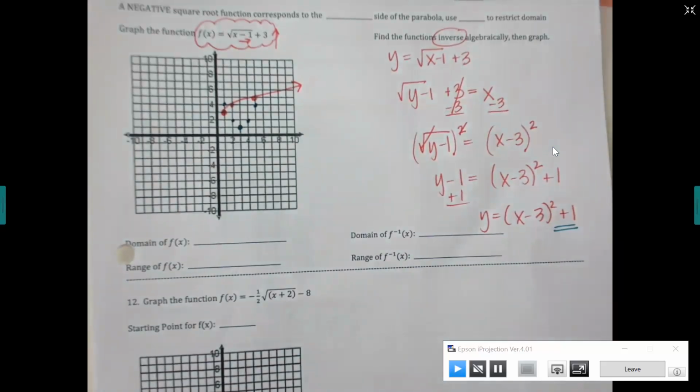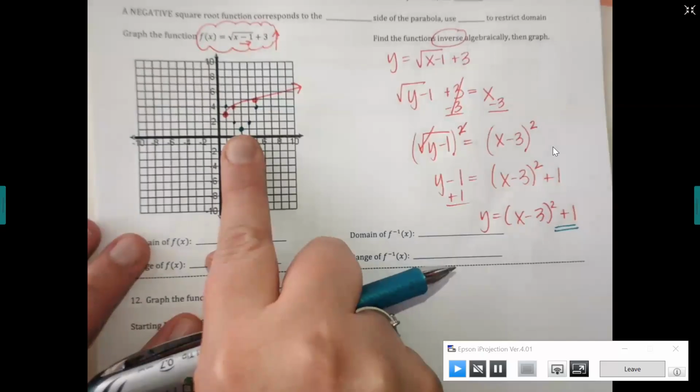My original graph was just half of a U, right? It was a hook. And now I'm getting a full U, so they're not going to end up being matches with each other. So what I want you to do is when you connect your U, you're only going to connect the right side of the U. Okay, so let me show you what I mean by that. Start at your dot right here in the middle.